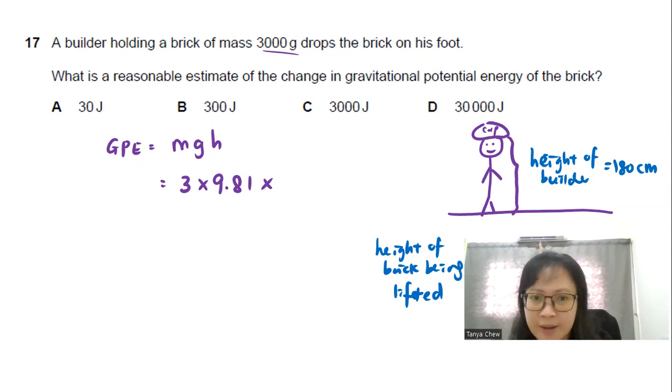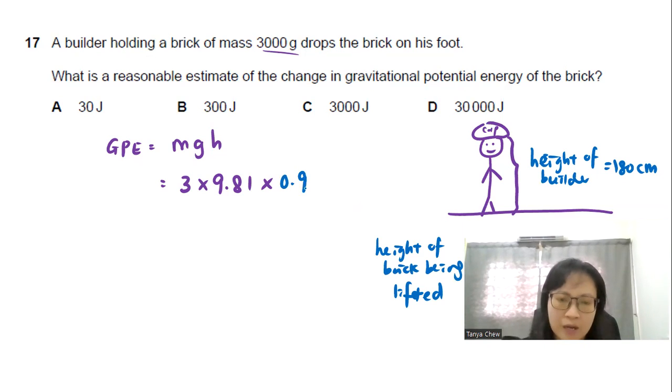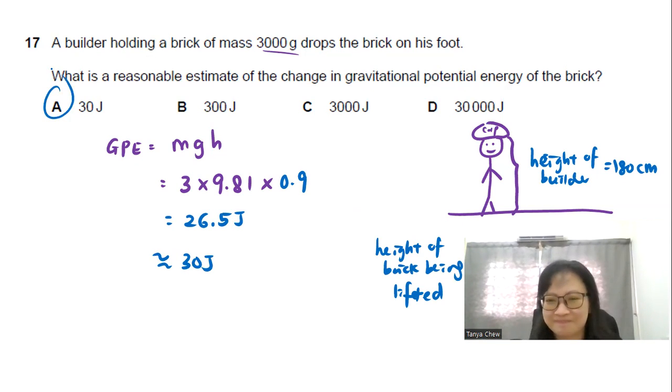So I'm going to put 90 cm here, but I'm going to change that cm to meter, which is equal to 0.9 meter. And I got 26.5 joule. I could round it off to 30 joule. So the answer is A.